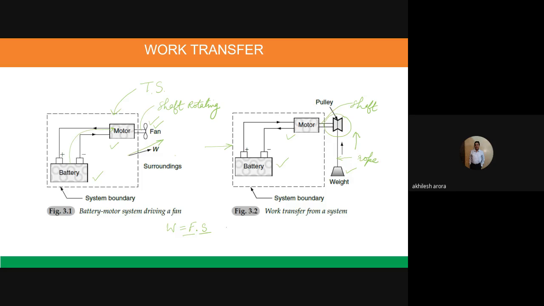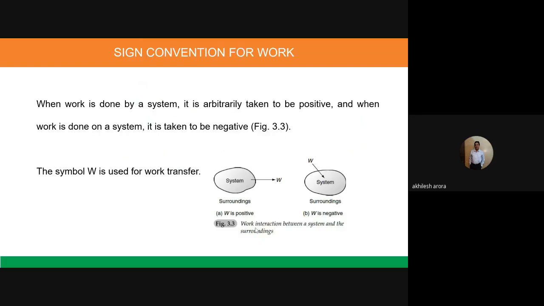You remember the unit of force is Newton, and the unit of displacement is meter. So the unit of work is Newton meter, and this Newton meter is actually joule. Work is basically a form of energy interaction only.